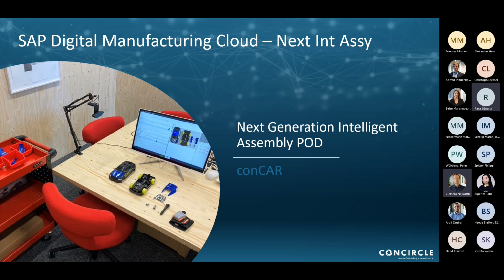And therefore, we as Concircle dealt with the question of which technologies can be integrated into an assembly station of the future to realize a digitalized assembly process in an efficient form.